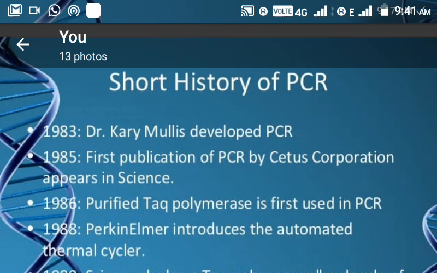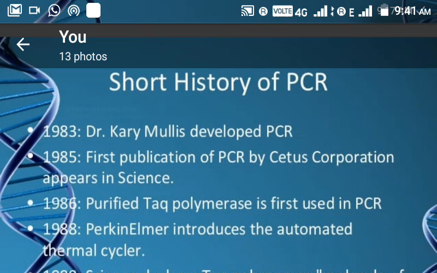So being a student of biotechnology, you must know some scientist names and what they have done, which kind of experiment, which kind of instrument they developed. So focus here: Dr. Kary Mullis is the scientist who developed PCR in 1983.